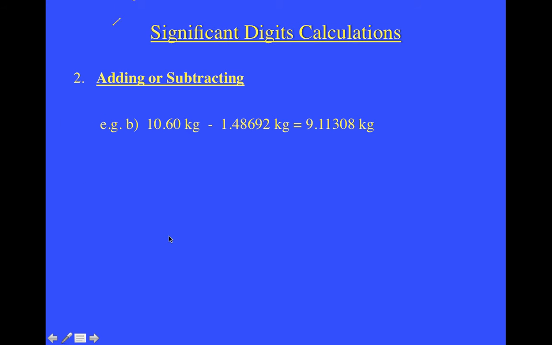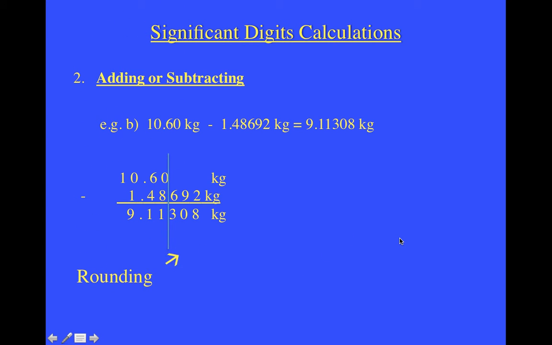Boom, boom, boom, boom, boom. Beautiful. And the 3 rounds down, so it's going to come out as 9.11 kilograms. If you put an answer down like this, that would be totally offensive. Maybe in math they love it, but that is just a disgusting thing to do in the world of science. So it's got to be 9.11 kilograms.